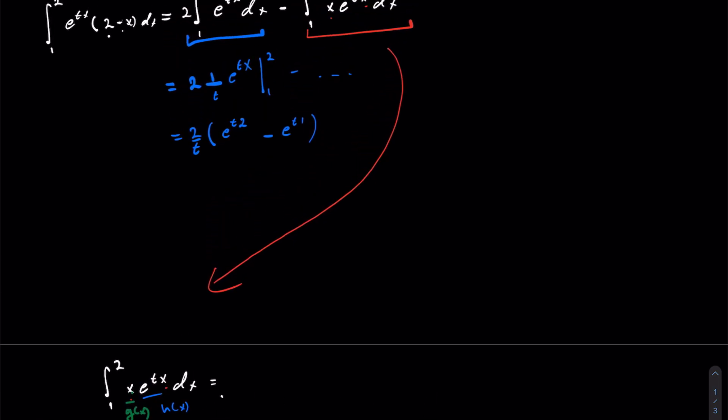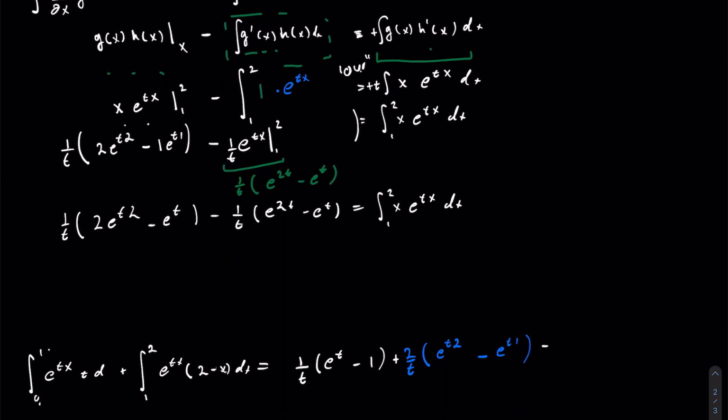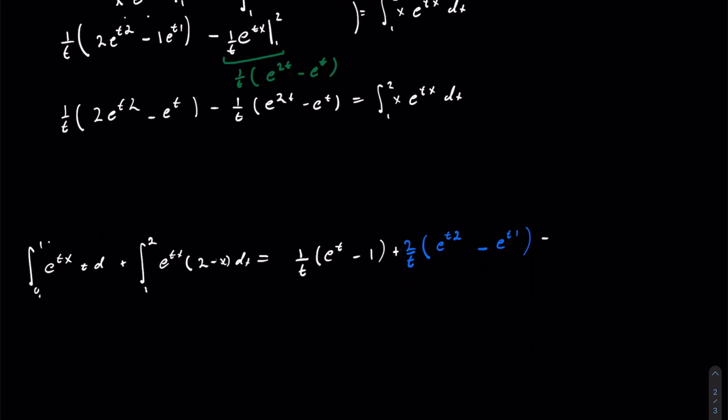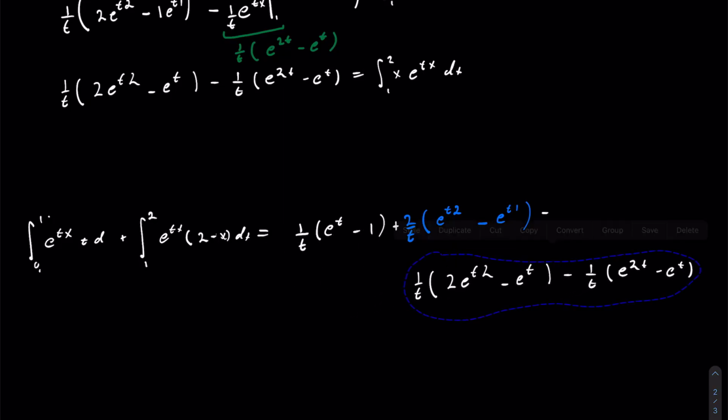This minus is coming from this piece here, and this red expression is just this one here that we calculated as the following. So we can copy this one, move it up like that.